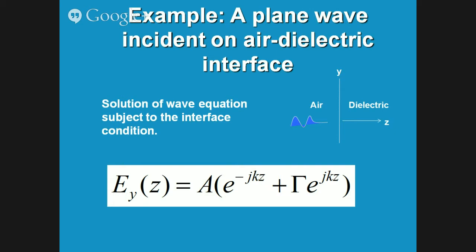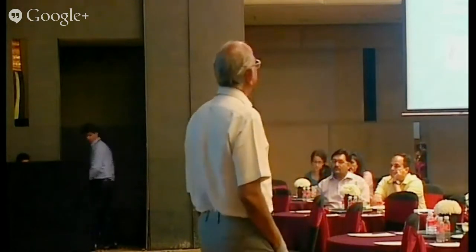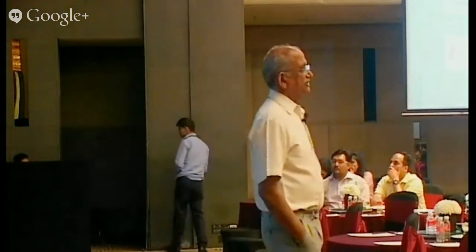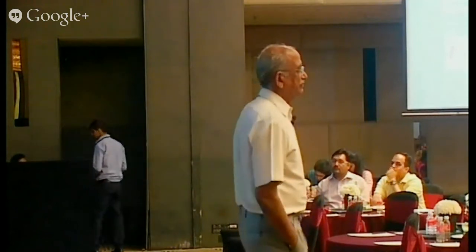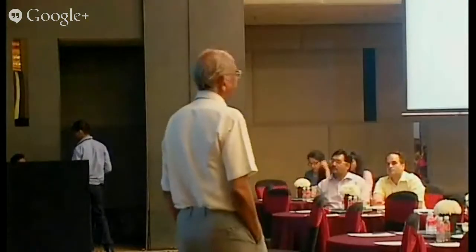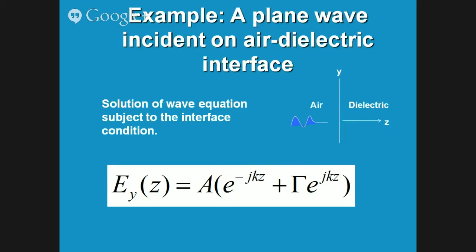And we can write down the solution only if we know the physics of the problem. For example, here the electric field is a sum of two terms: one is the incident wave and the other is the reflected wave. Since it is a plane wave incident, the plane wave solution is there for the incident one, and gamma is the reflection coefficient.